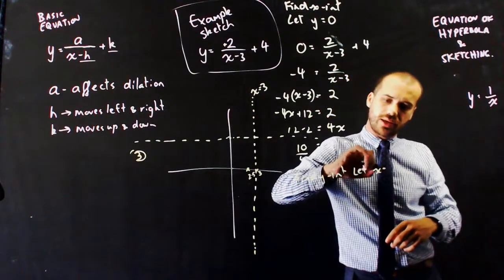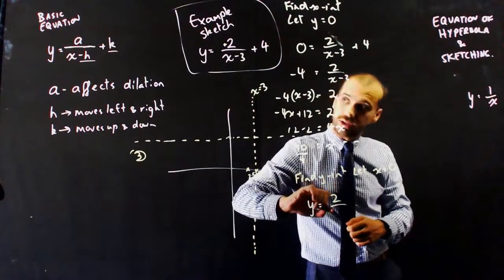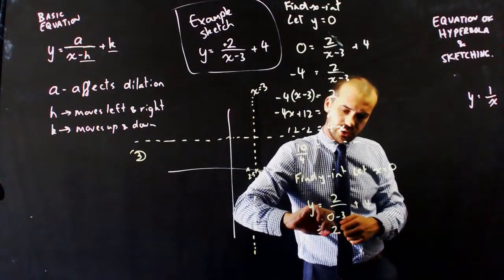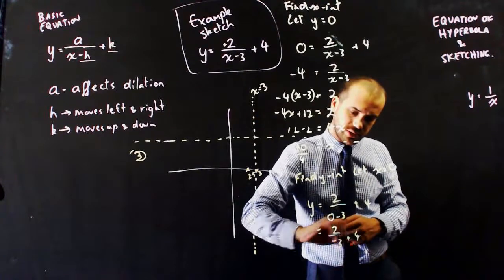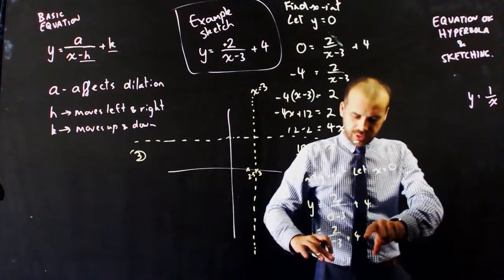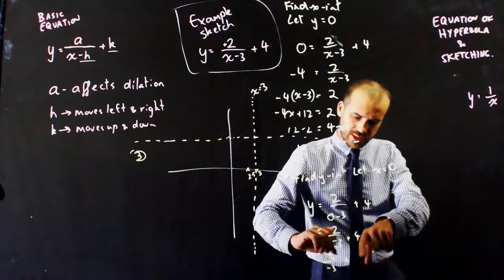Okay, and then find the y-intercept. Let x equals 0. I think this one's going to be easier. Y equals 2 over 0 minus 3 plus 4. 2 over -3 plus 4. I'll do this the slow way, I guess.